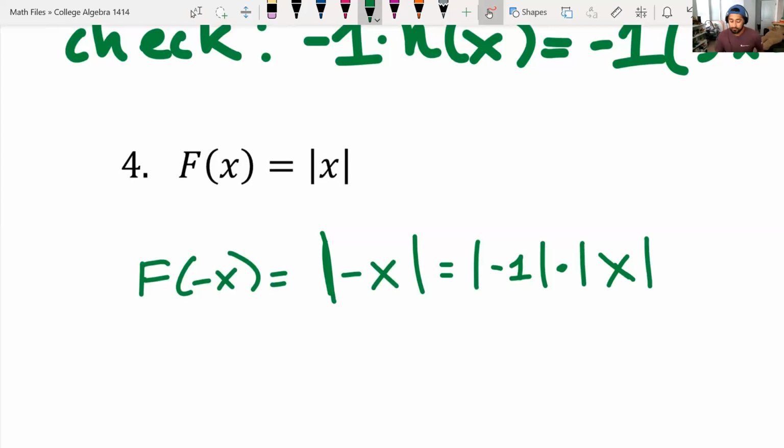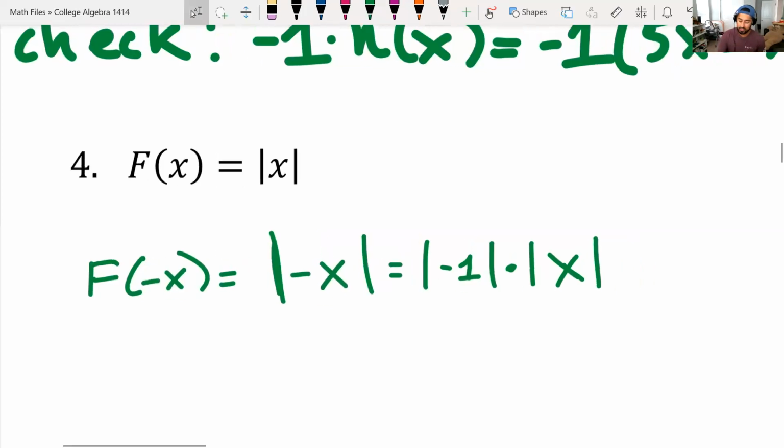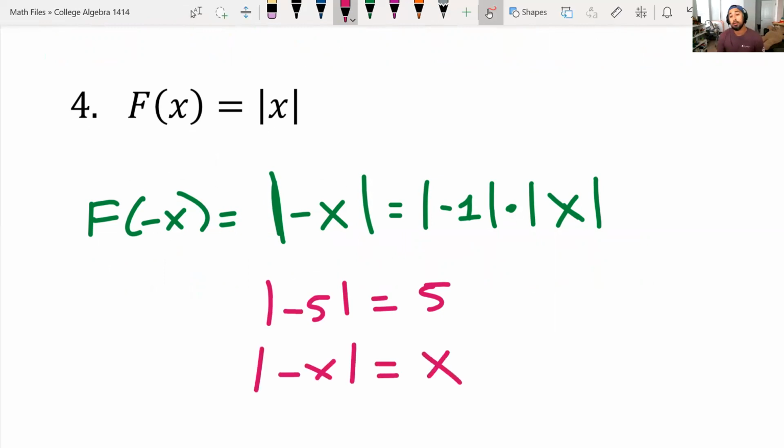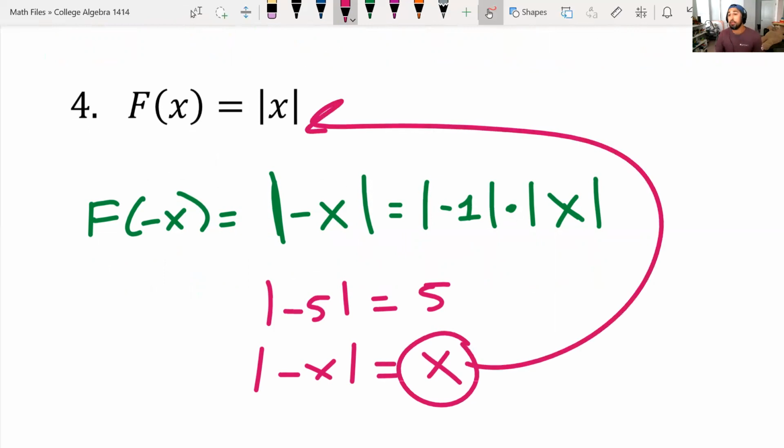All right, and there's a reason for this, because if we just said, all right, like we normally do, the absolute value of negative 5 would be 5. Well, it would be wrong to say the absolute value of negative x equals positive x, because if we're looking for even or odd, does this look like the original function? No. So the absolute value just can't disappear like that. So this is why above we are doing it properly.